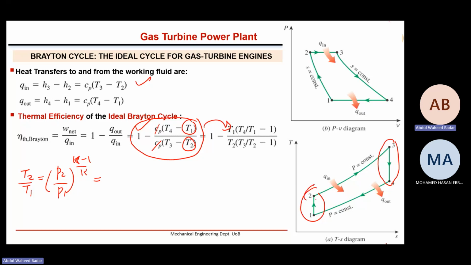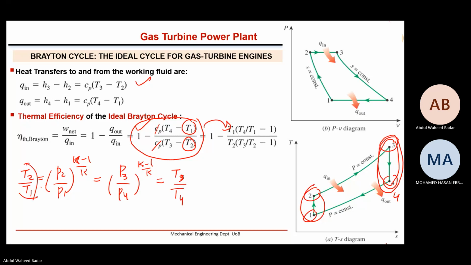Now here you see P2 is equal to P3, so I can replace P2 with P3, and P1 is equal to P4. So I can write the same thing as this one. And again for isentropic, because this process is also isentropic, I can put it equal to T3 by T4. It means this term is equal to this term.